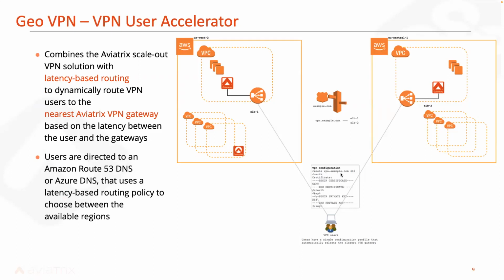And the question becomes, do you send them to US West 2 or do you send them to EU Central 1? The idea is that the latency from the user location, which is based on GeoIP, to each of these load balancers is measured. And the one with the lowest latency is where the user will be pinned to.